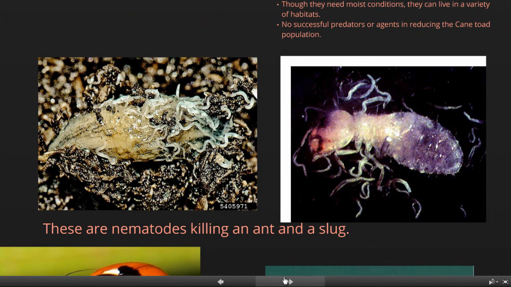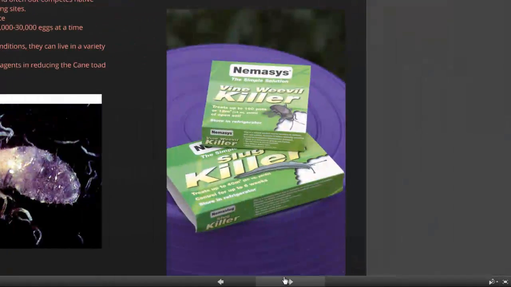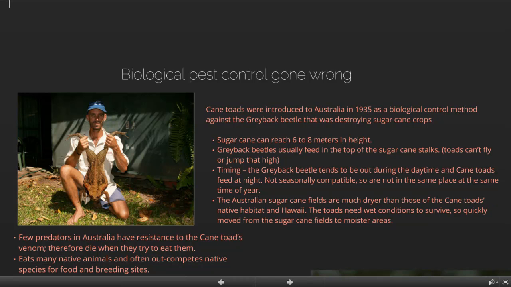Some things are used on slugs, and some things which are widely available kill weevils and in some cases kill slugs.